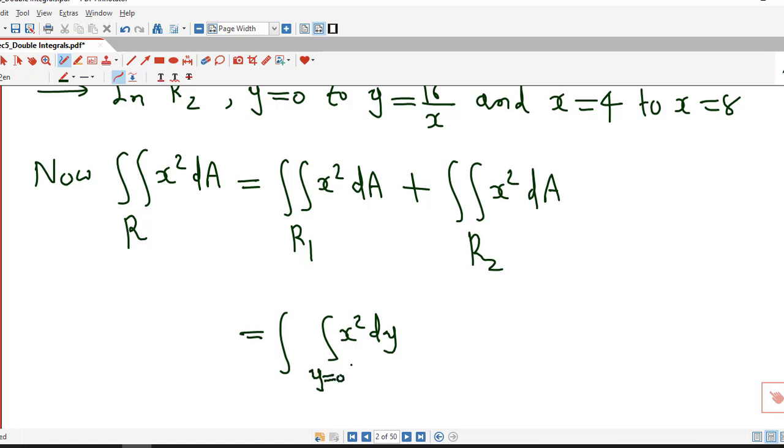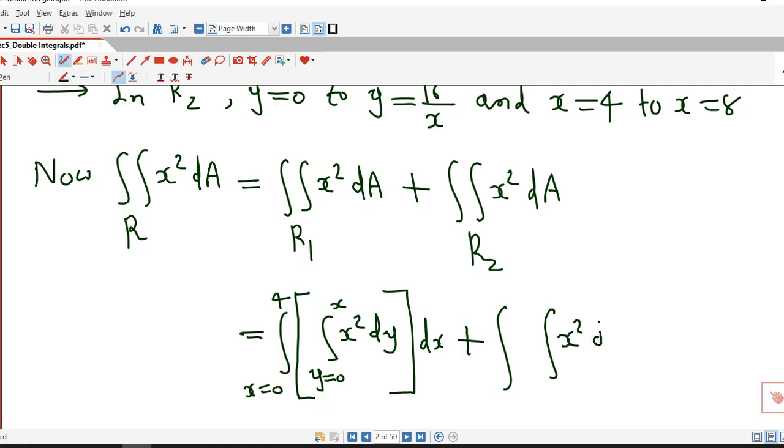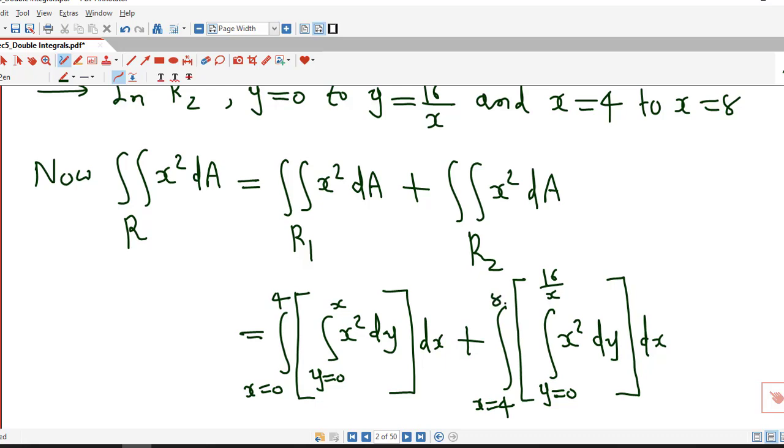In R1 y is from 0 to x. Here we will consider x as constant, and x is from 0 to 4, plus here x square dy, y is from 0 to 16 by x, then x is from x equal to 4 to 8.